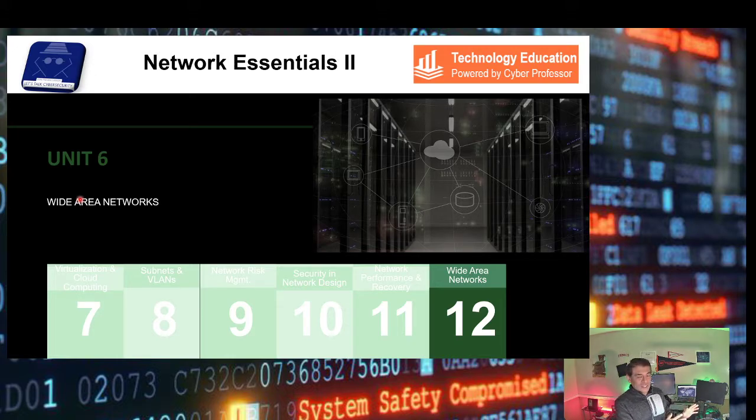From Network Essentials 1, you may recall that the LAN is the local area network, and those LANs communicate with each other via the wide area network. So the routers are set up in place within the LAN to communicate outside that company to other companies, to other organizations, to the cloud, to the internet. So that will be the aspect of the wide area network that we are going to study, and that will be the final chapter of our course for Network Essentials 2.